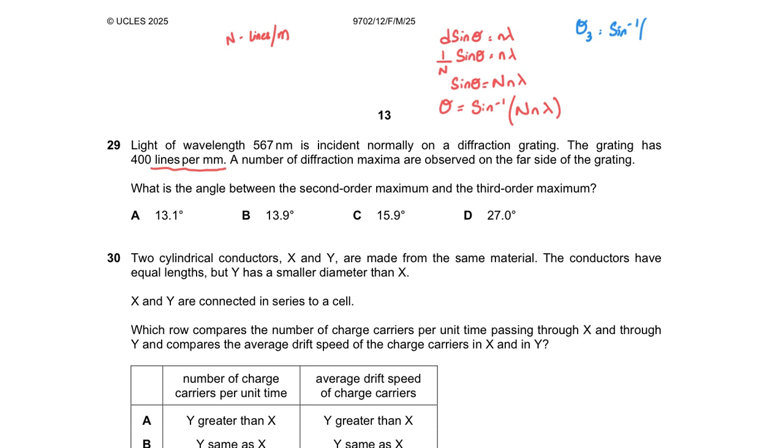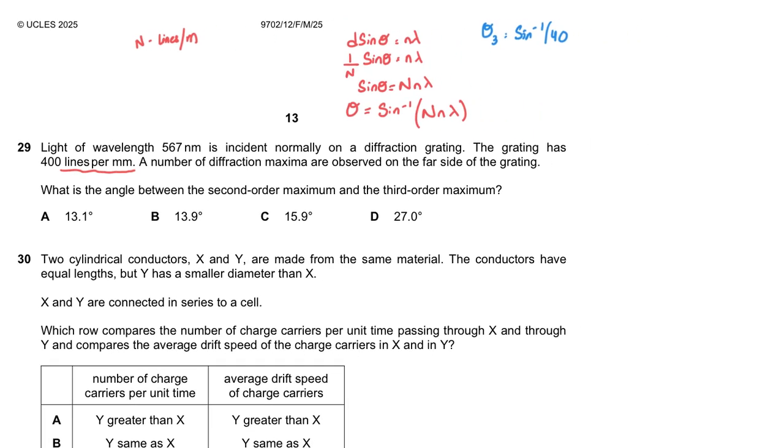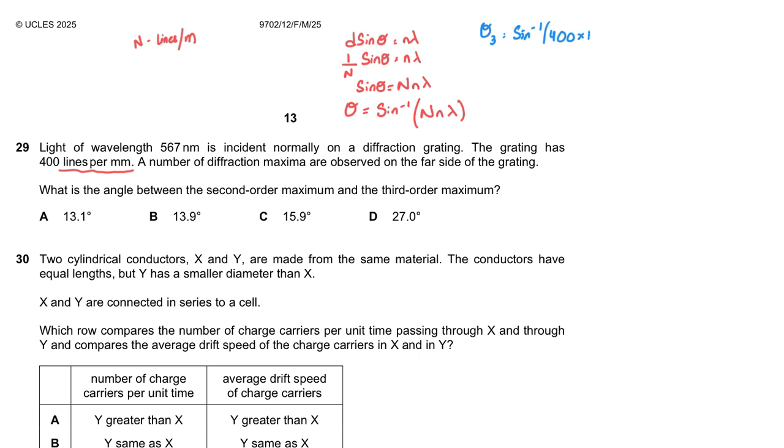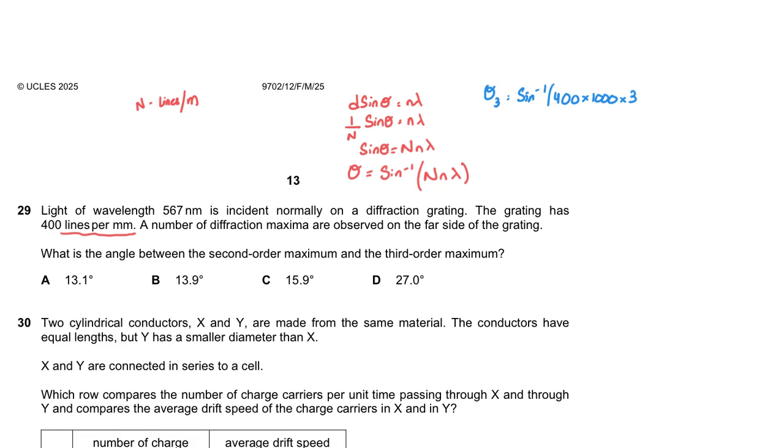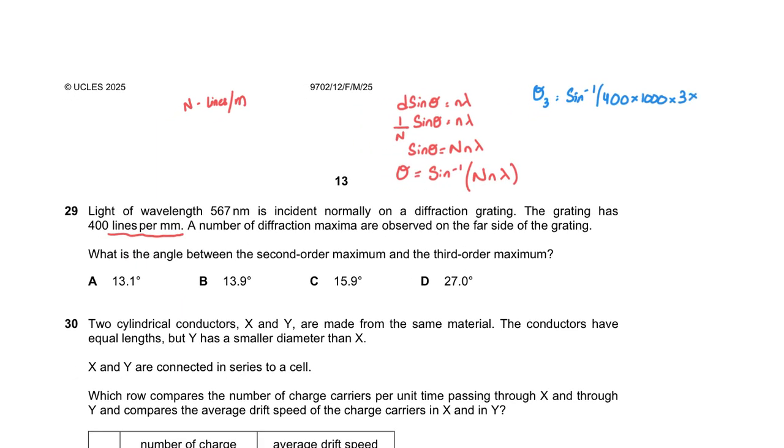They have given us 400 lines per millimeter, which means 400 multiplied by 1000, so you'll have 1000 times more lines in 1 meter, times n, which is 3 for the third order, multiplied by the wavelength lambda. The wavelength here is 567 times 10 to the power minus 9, and that gives you theta 3 as 42.87.